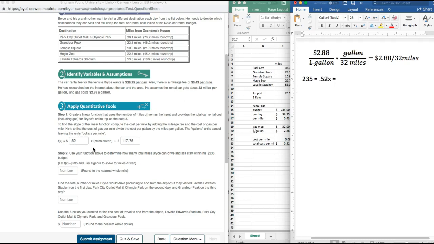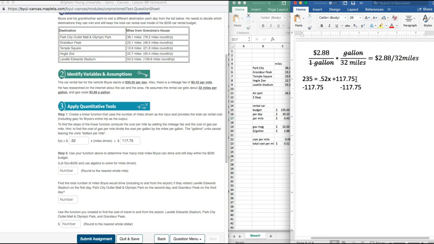0.52x plus 117.75, and to solve for x we're going to subtract 117.75 from both sides, so minus 117.75, and this side as well, we'll just show that I'm subtracting 117.75.